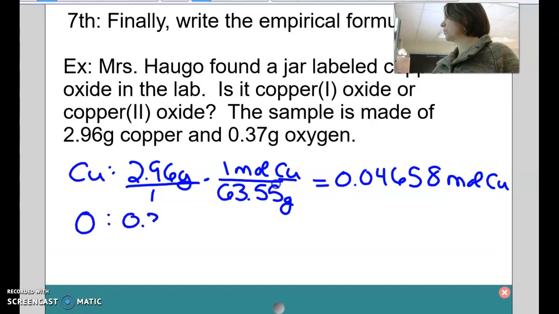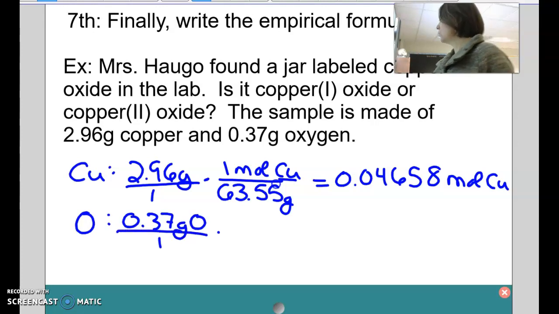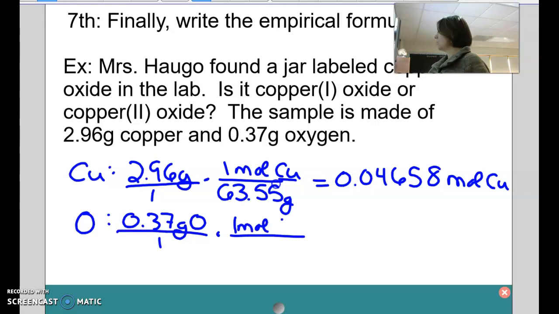And let's look at oxygen. We have 0.37 grams of oxygen over 1 times 1 mole oxygen, and then we look up our molar mass of oxygen on the periodic table, and then we calculate the amount of moles.